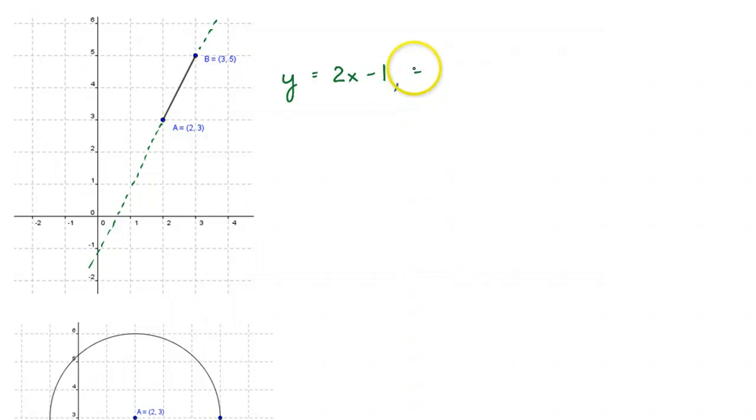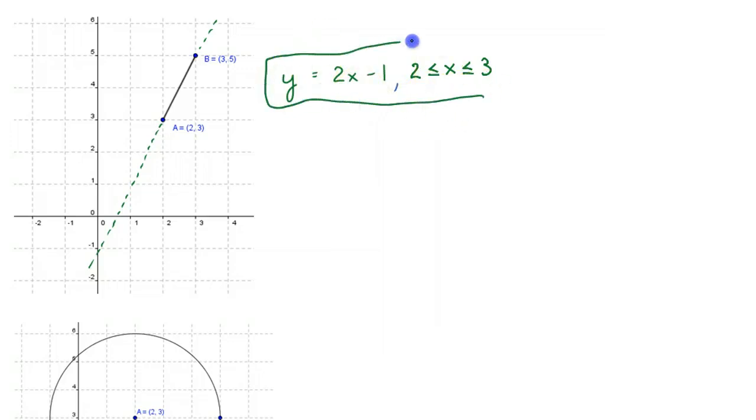So I say 2 is less than or equal to x, which is less than or equal to 3. So now if I took this equation here and I gave this to someone to graph, they would know I'm only talking about the graph in this small little segment here. And so we see that by using the domain, we can actually specify a small portion of the graph.